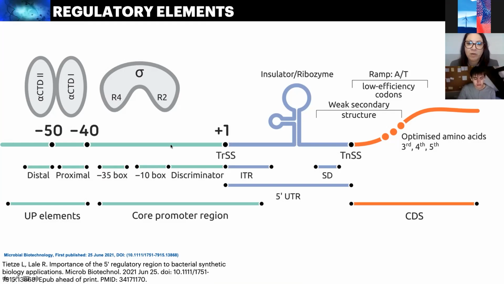We have some transcription factor binding sites, but the promoter is a key regulator, because in this sequence, in just two boxes of 6 nucleotides, the RNA polymerase binds, opens the double strand of DNA, and starts the transcription of the messenger RNA.